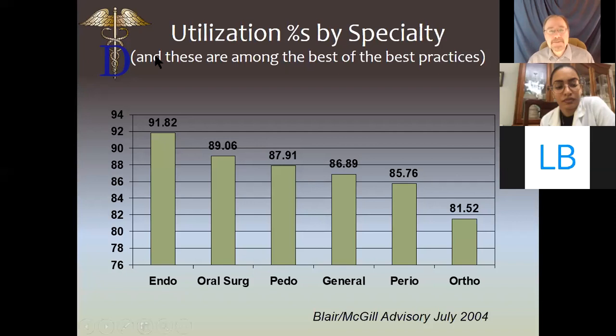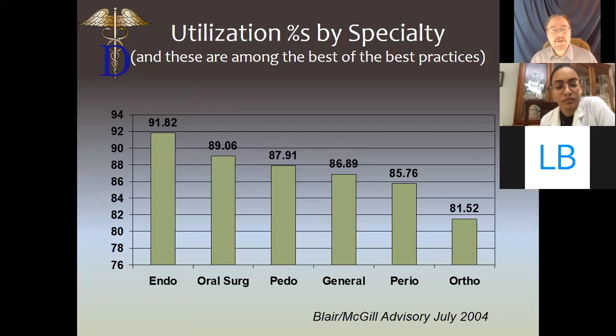But I wanted to show you here, you're tracking your utilization quarter by quarter in the simulation. Well, these are the averages for capacity utilization by specialty. You can see endo's almost at 92%. And you might think about why that would be.